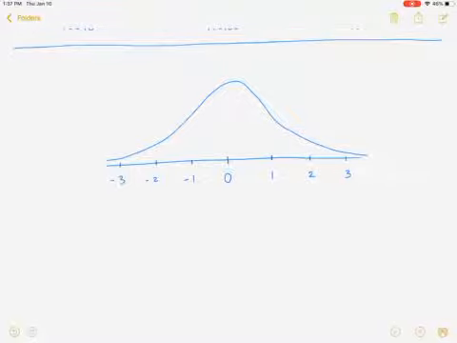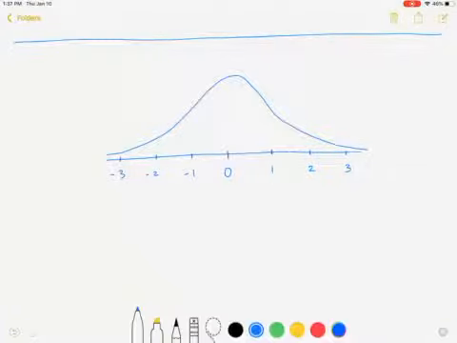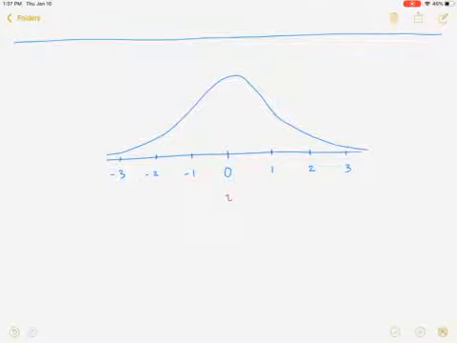Those correspond to the ones we had before. This is the mean. Those are 1 standard deviation away from the mean, 2 standard deviations away from the mean, and 3 standard deviations away from the mean.